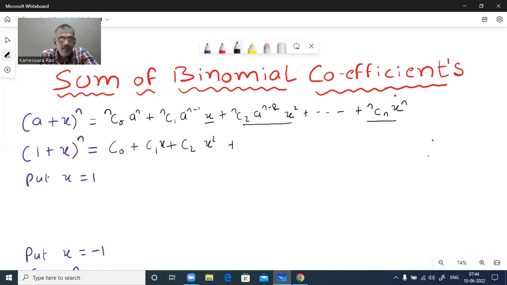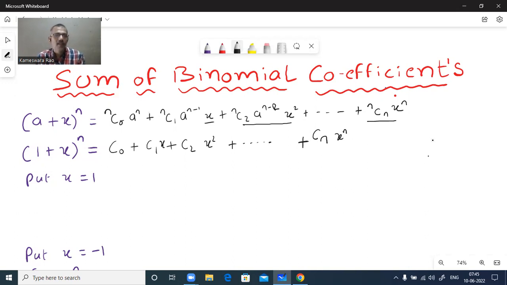Finally nCn means just Cn is enough, x^n will be there. You can take this as the first equation.